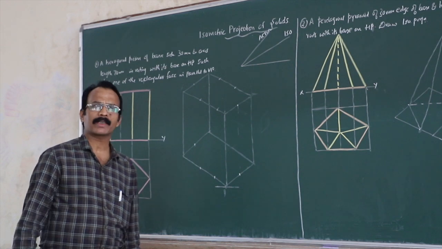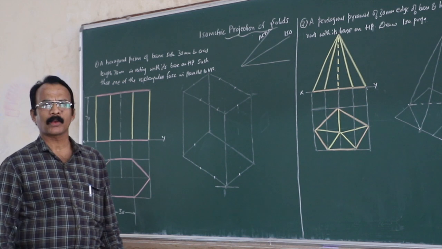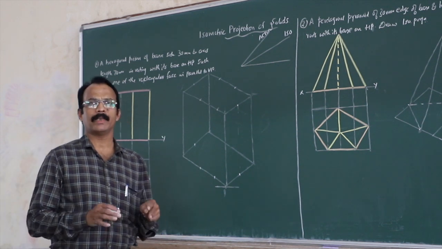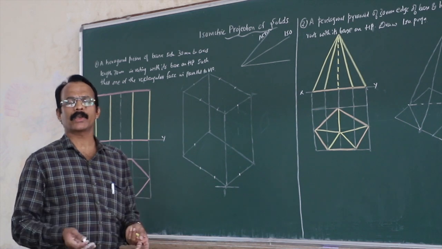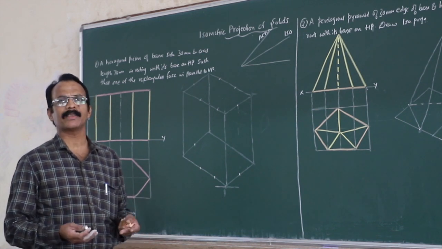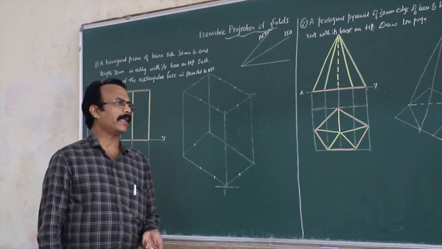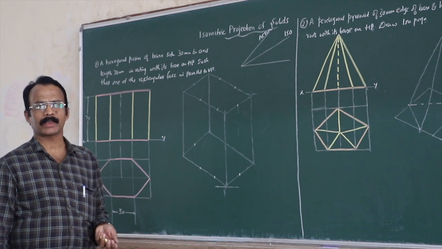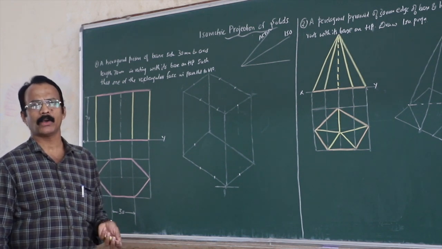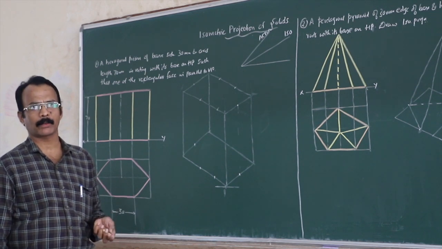In the previous class we went through the introduction of the isometric projection, where the three views of the orthographic projection are combined together to give a pictorial drawing, that is nothing but your isometric projection. Then we took the simple problem of drawing the isometric projection of a circular lamina when it is horizontal and when it is vertical.